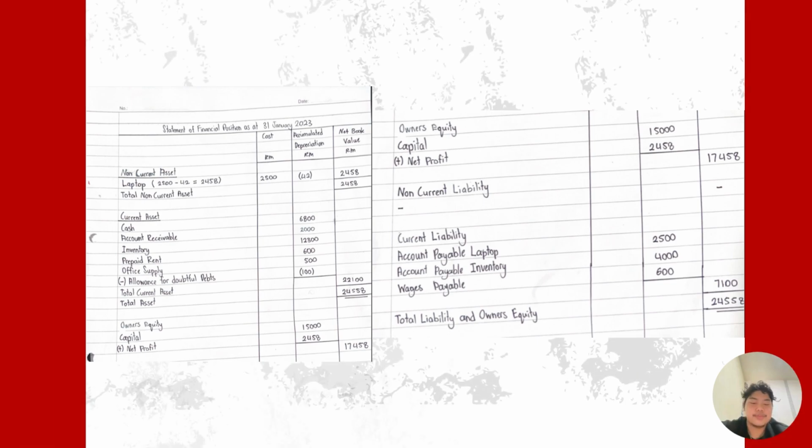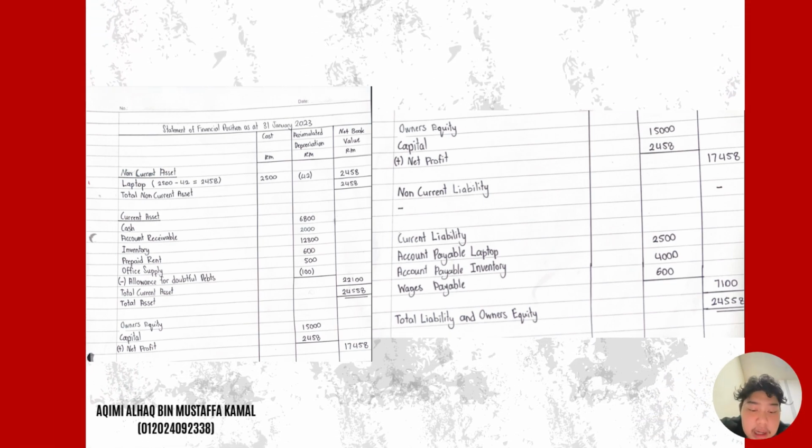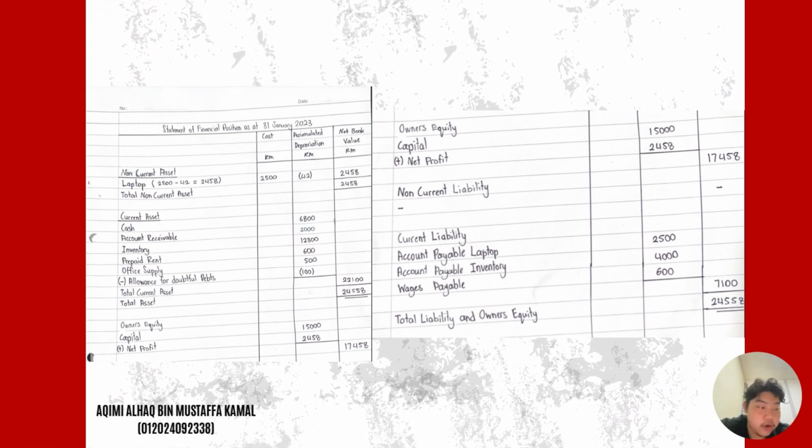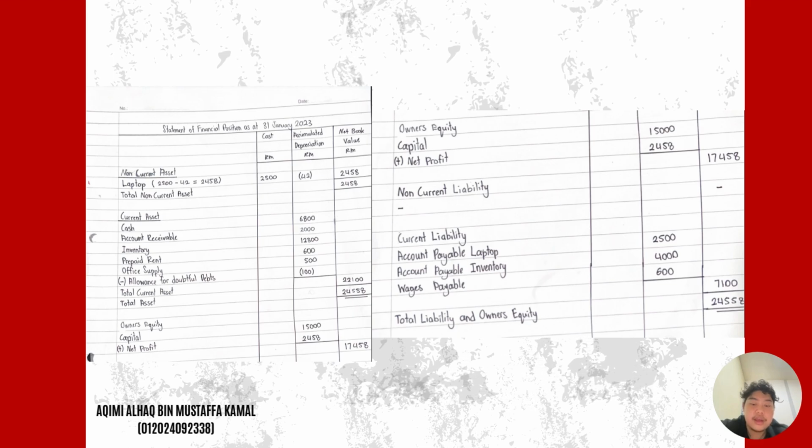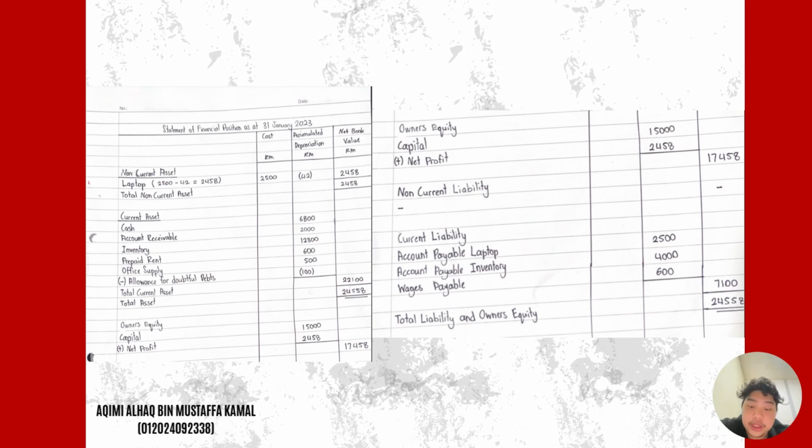Okay, so now I'm going to talk about our statement of financial position for QPS Trading Sdn Bhd as at 31st January 2023. It's not the same format as the SOFIAL, it's just different because SOFP has non-current asset, equity, and the others.